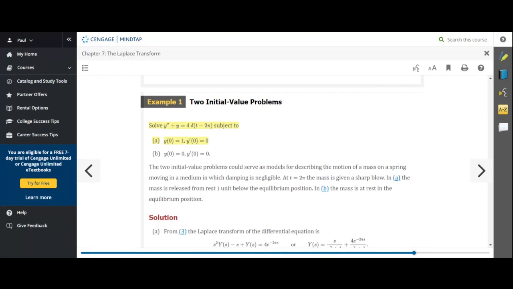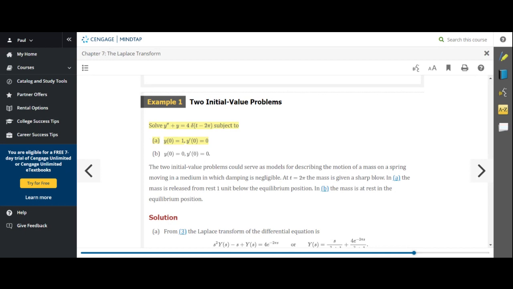For the initial conditions, in A, y of 0 equals 1 and y prime of 0 equals 0. And then in B, y of 0 equals 0 and y prime of 0 equals 0.